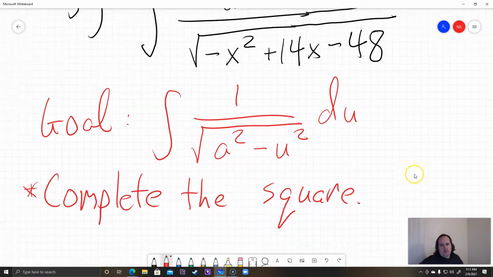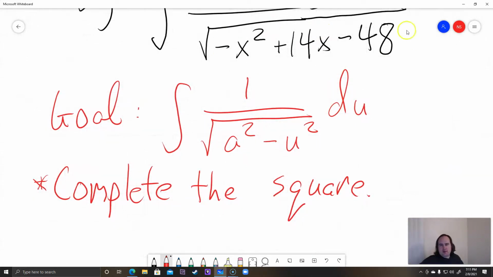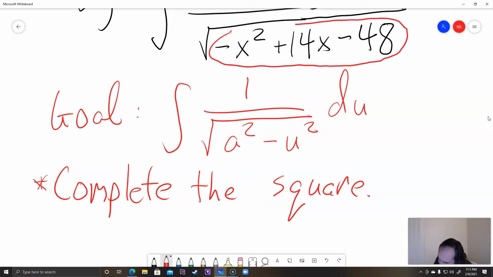So we're going to start with this whole thing right here. We're going to start with the negative x squared plus 14x minus 48. Okay. And then to complete the square there, I don't know if you remember how to do it, but basically, first you just write down the problem.